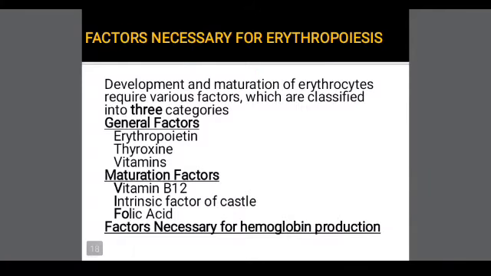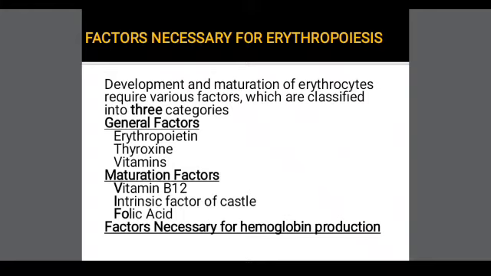Now let's look at the factors necessary for erythropoiesis. Without these, erythropoiesis may not take place. The development and maturation of erythrocytes require various factors, classified into three categories. First, the general factors: erythropoietin, thyroxine, and vitamins. Erythropoietin is a glycoprotein with about 165 amino acids.